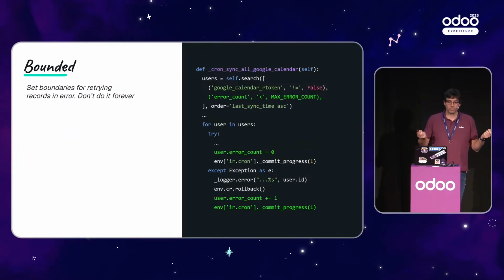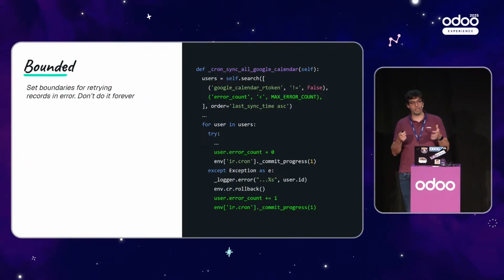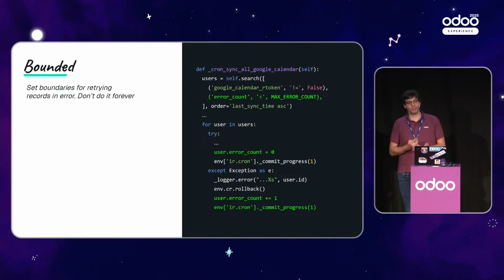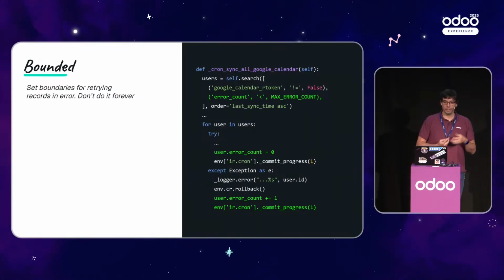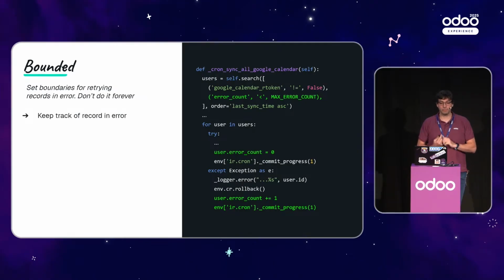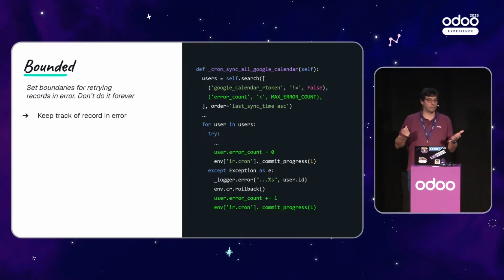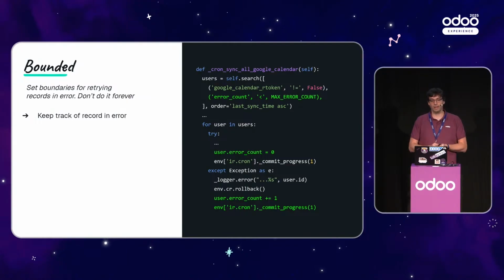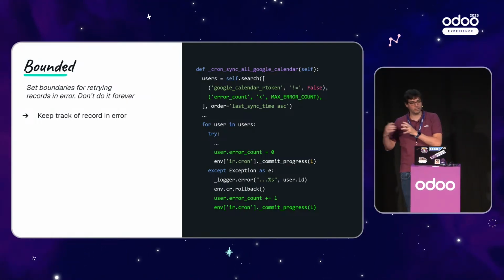So to solve that, we want your cron to be bounded, which means you set a boundary for retrying your error. You don't do it forever. So to achieve that, you need to keep track of the error. For the Google synchronization, we can use, for example, an error count. We want to filter out those who have too many errors.